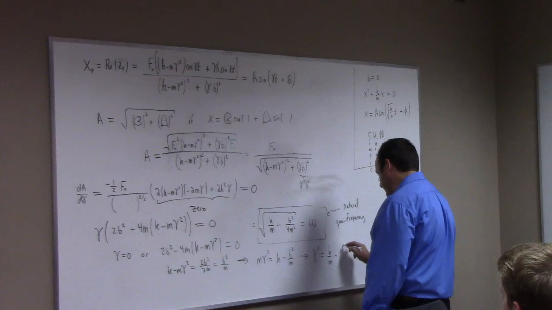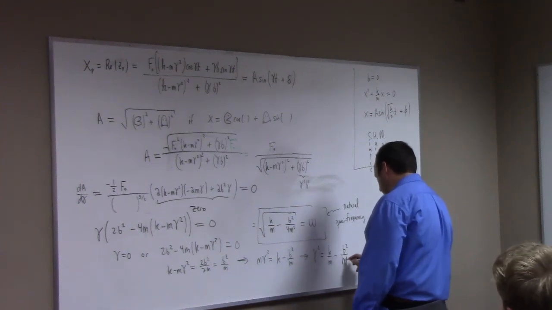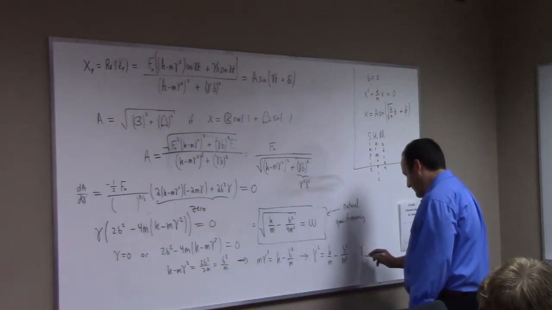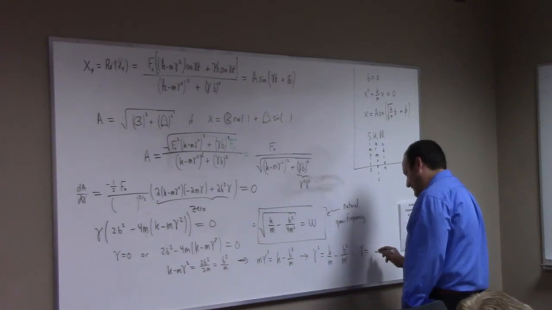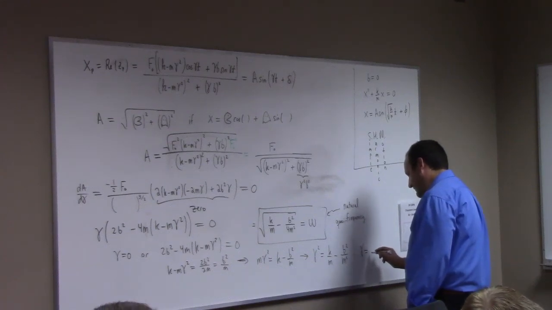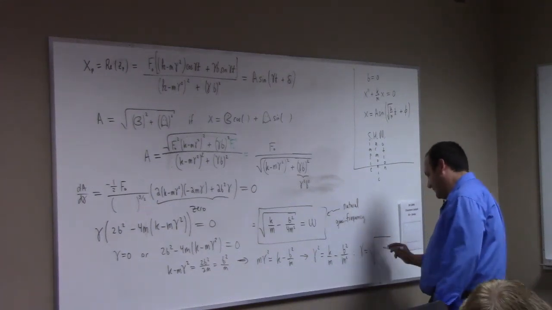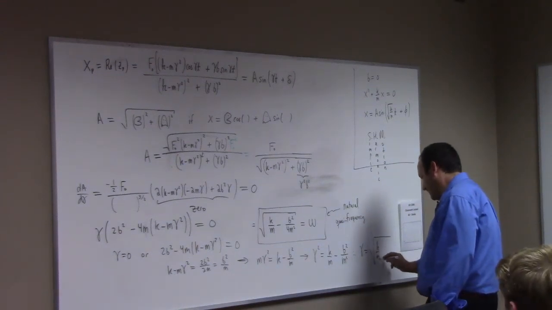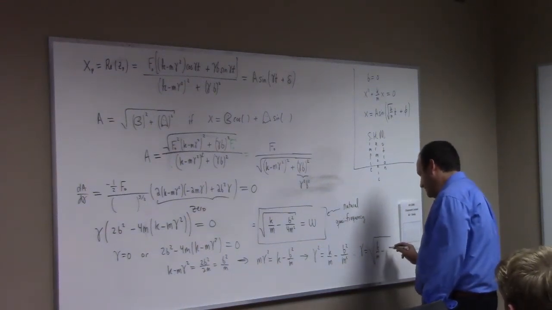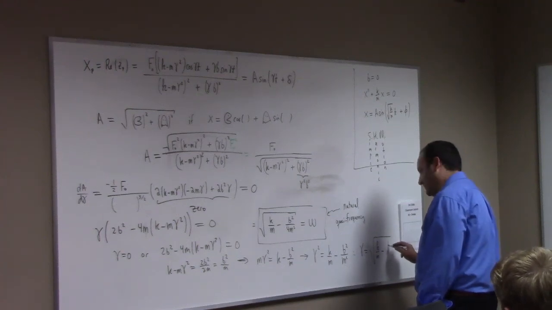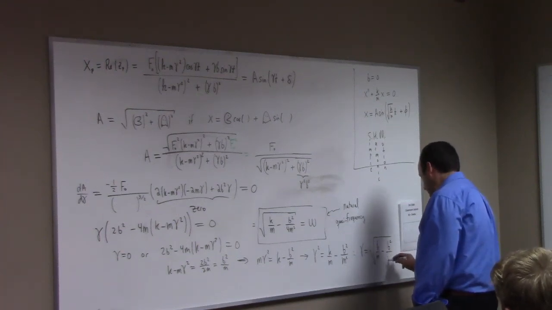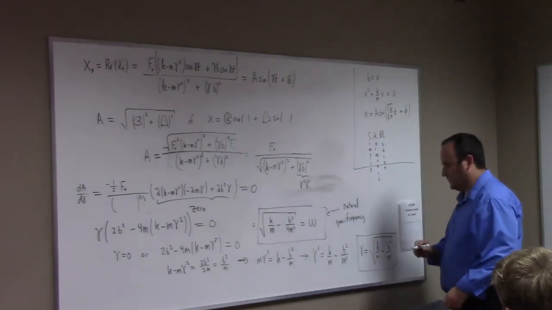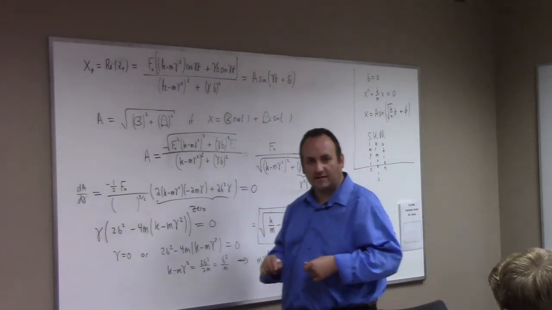So therefore, the critical frequency gamma, the amplitude maximizing frequency, is given to us by the square root of k over m minus b squared over m squared. These should not be equal. That's fine.